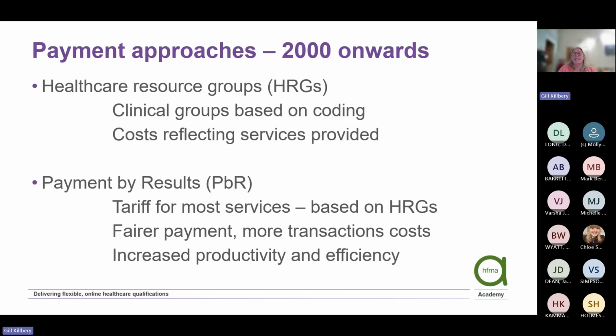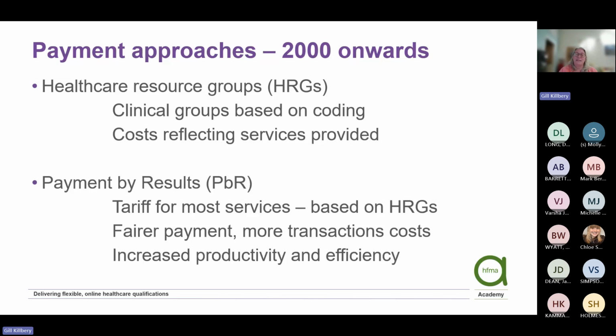Costs started representing the complexity of the work that was being supplied. So payment by results was introduced in 2003 using HRG version 3, with the aim that by 2008 it would cover all healthcare services. Every unit of activity was captured and charged to the commissioner, so providers were paid for the activity they delivered. Didn't matter whether it was elective, non-elective, it was all captured and charged.